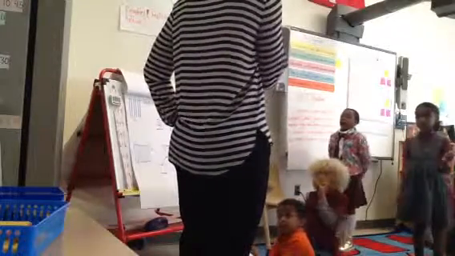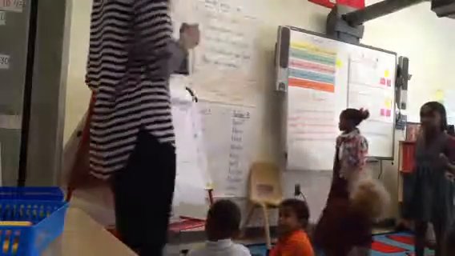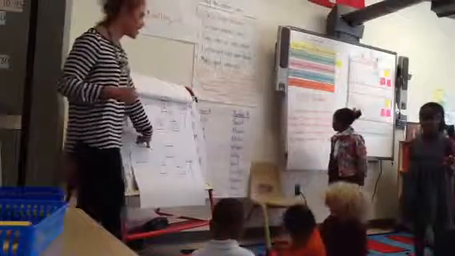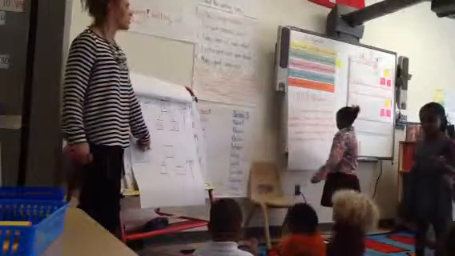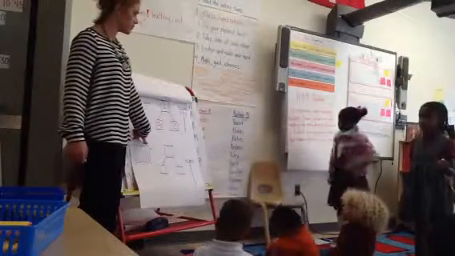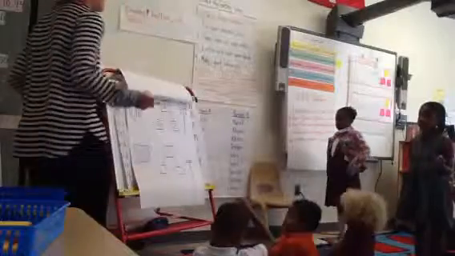For example, if I'm counting the number right after 40, it would be 41. So if we're starting at 50, what comes right after 50? Okay, so we have 5 tens, we have 50 plus 1. So what is the sum? The sum is 51.